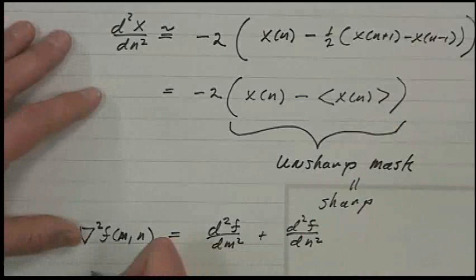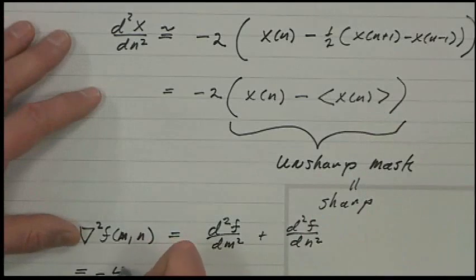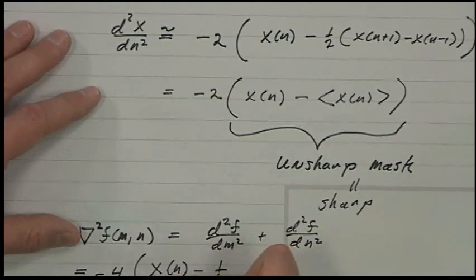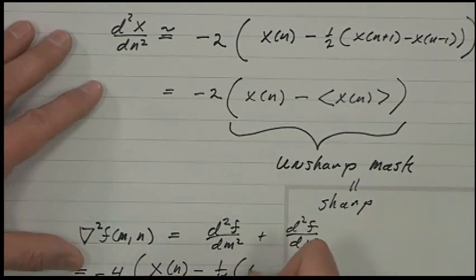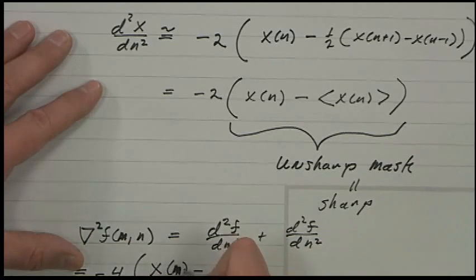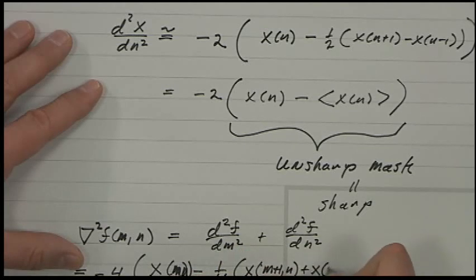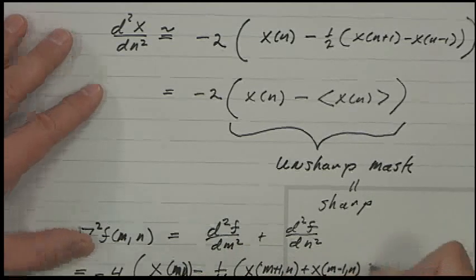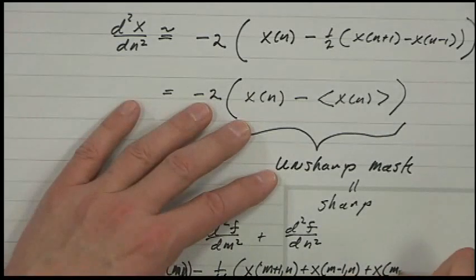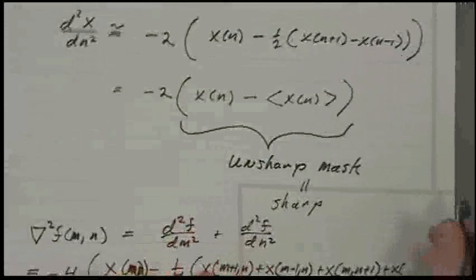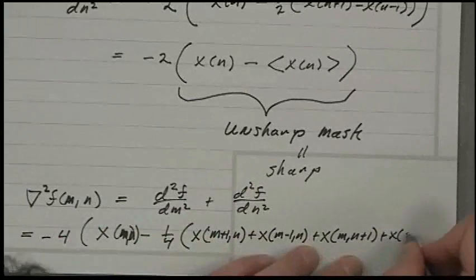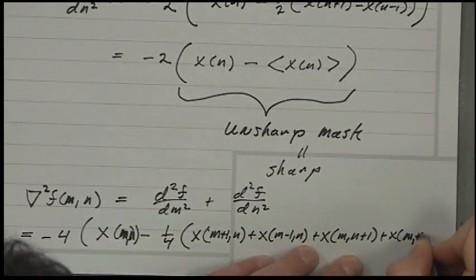So what ends up happening is this looks like minus 4 times x of mn minus 1/4 times x of m plus 1 n plus x of m minus 1 n plus x of m n plus 1 plus x of m n minus 1.